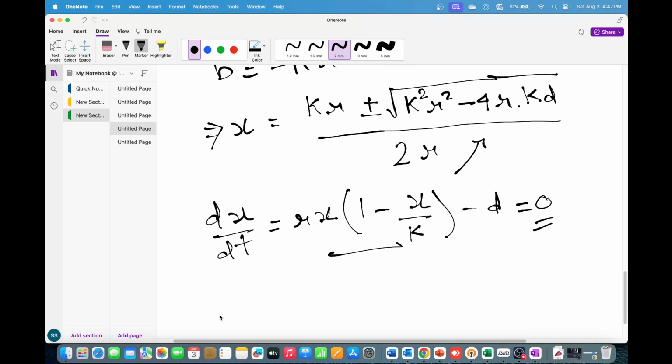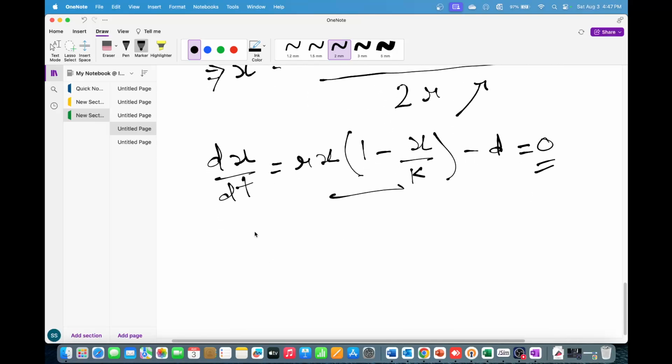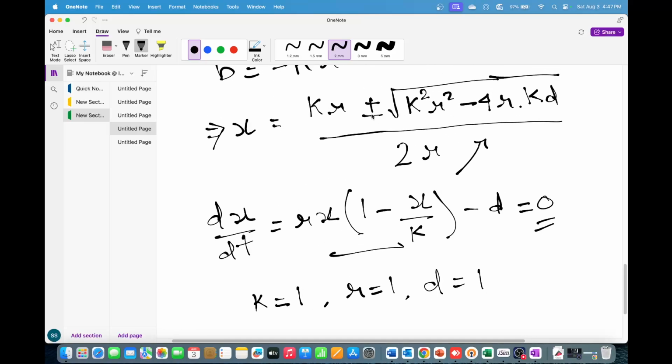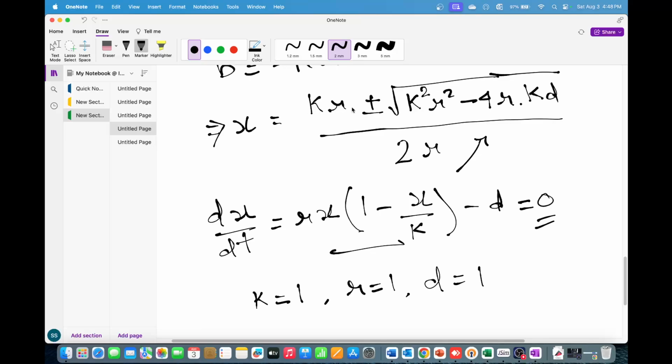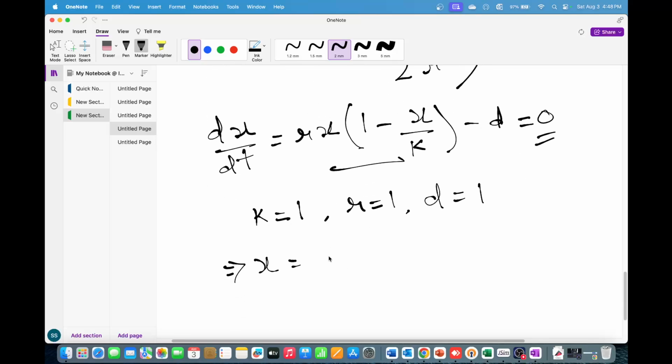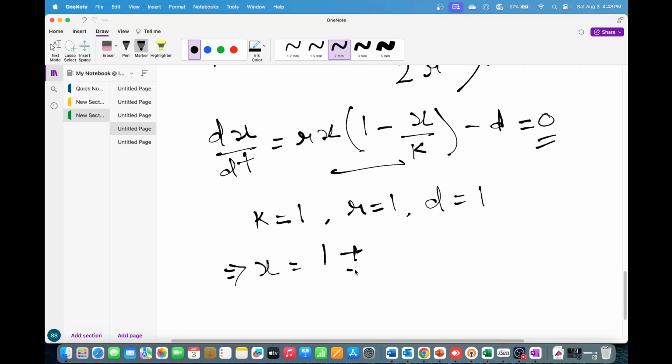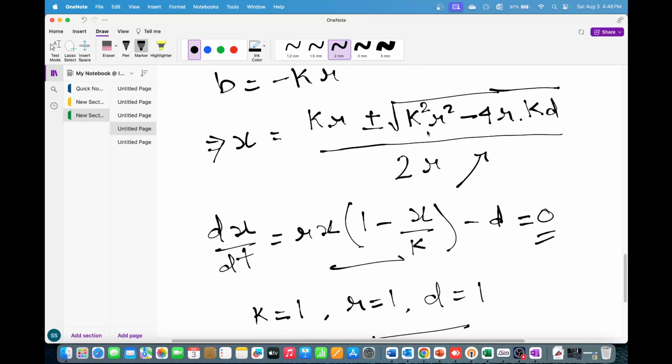Now notice an interesting thing. If we take k equal to 1, r equal to 1, and d equal to 1, we take all three equal to 1, what does our solution look like?